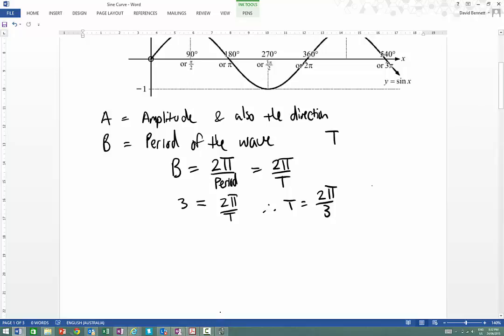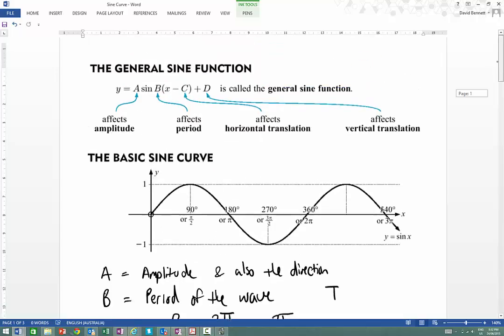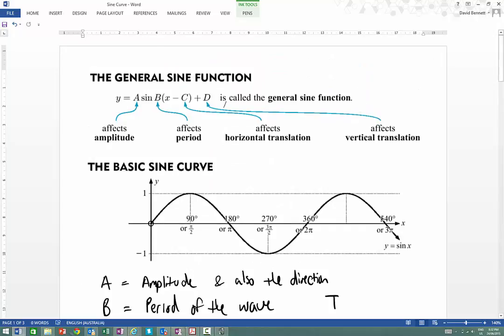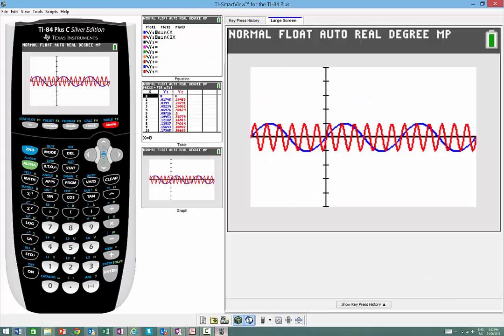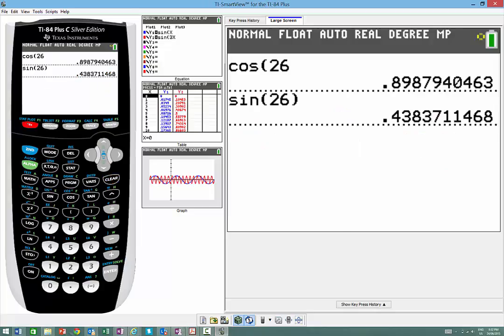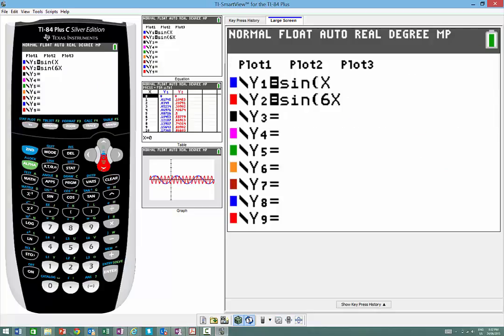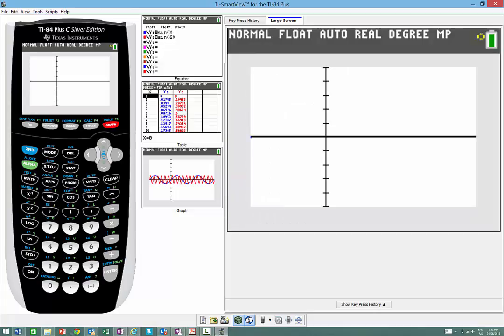Alright, so the next part of that in the formula here is to look at our D value. So let's just change that on a graph. We'll clear that graph there. Now we'll put in sine x, and then we're going to add 3 to it, and we'll graph that.